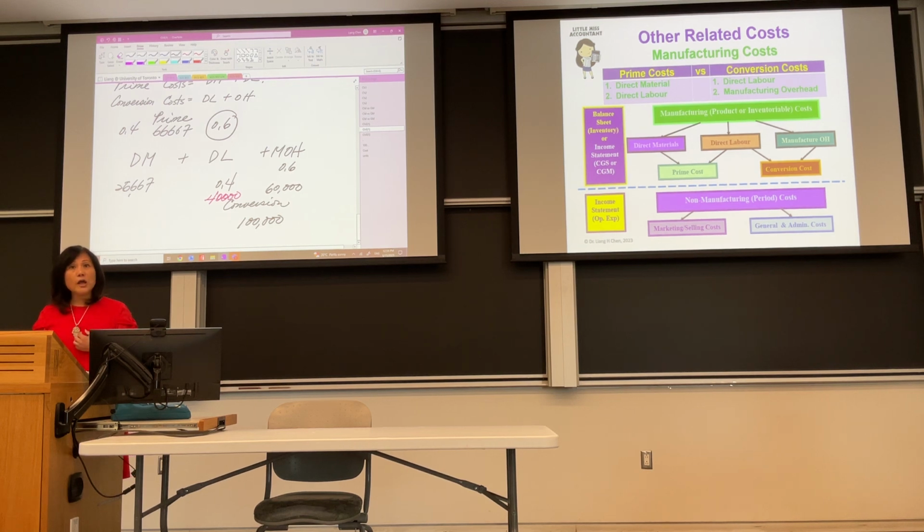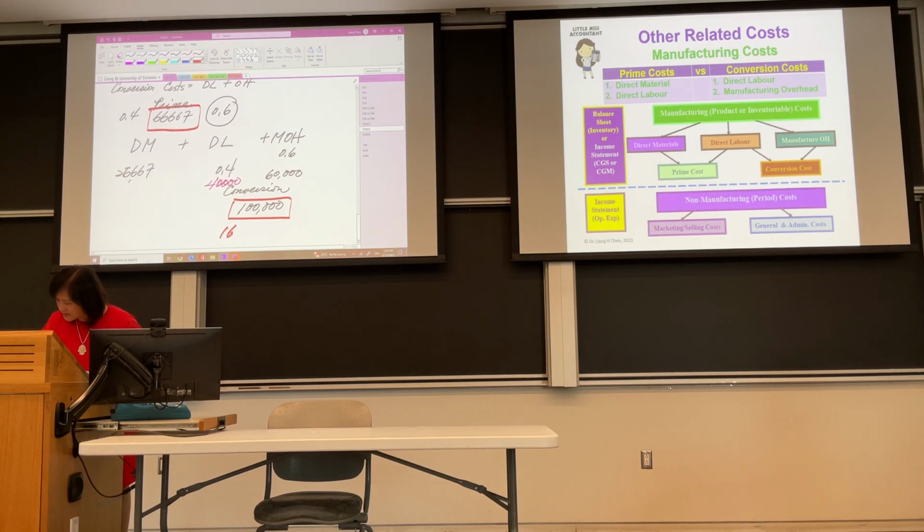So what's the total cost? I will write this in the midterm exam, okay? I'll try to trick you. Put 66,667 plus 100,000. I say total cost is 166,667. Is that correct? Total cost. If you do that, you're double counting the direct labor.